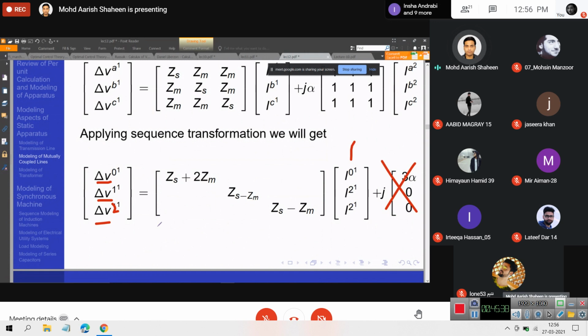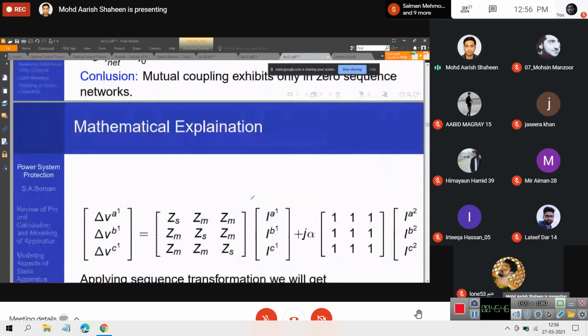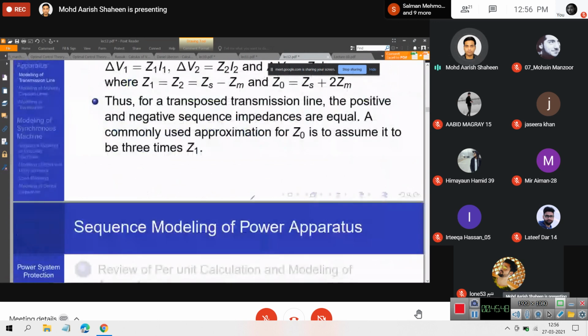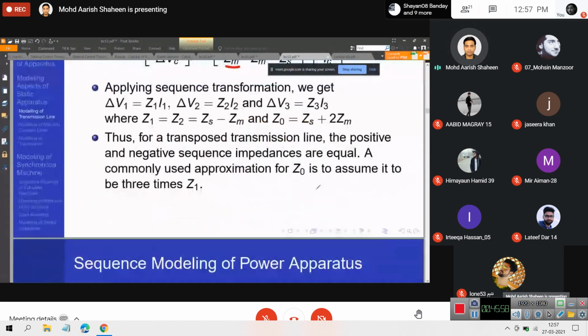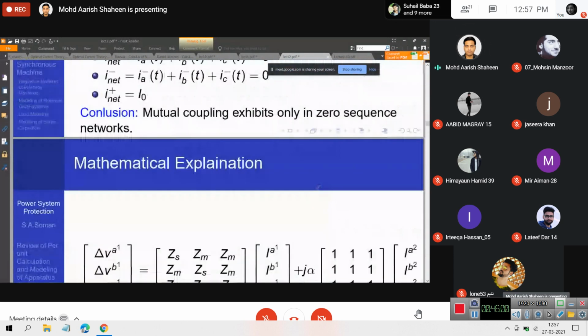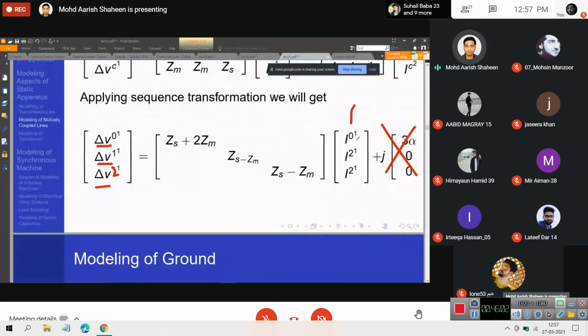Linear transformation is any transformation obtained by multiplication of matrices. But look at the structure of the matrix. It is a diagonal matrix. The original matrix was not diagonal. If you look at that matrix, it also has off-diagonal terms. What do off-diagonal terms mean? This voltage was dependent not only on IA, it was also dependent on IB and IC. But whenever you have a diagonal matrix, zero sequence voltage is only dependent on zero sequence current.